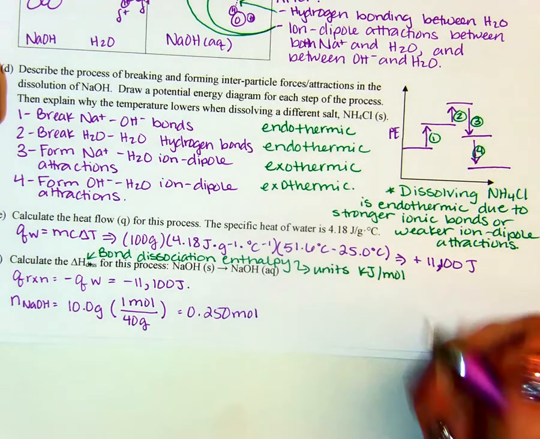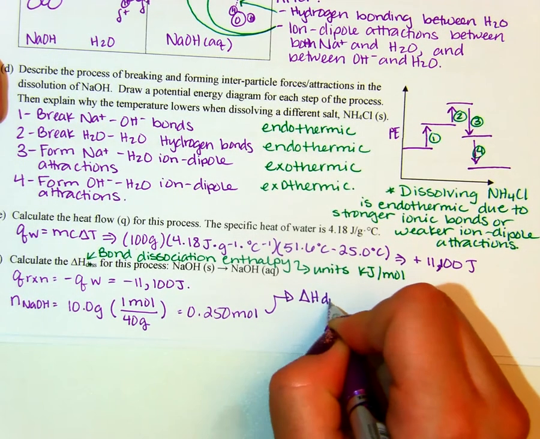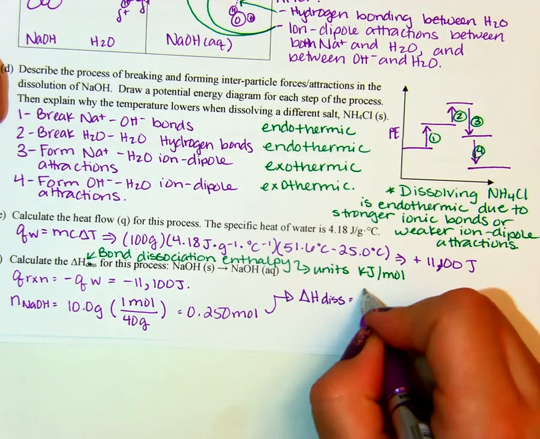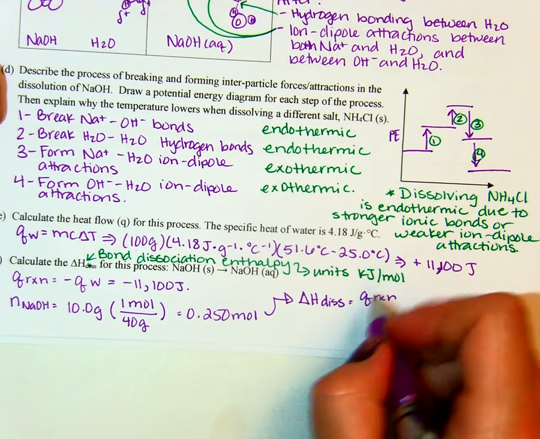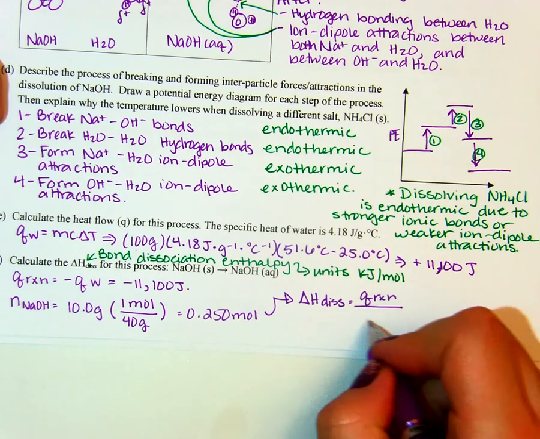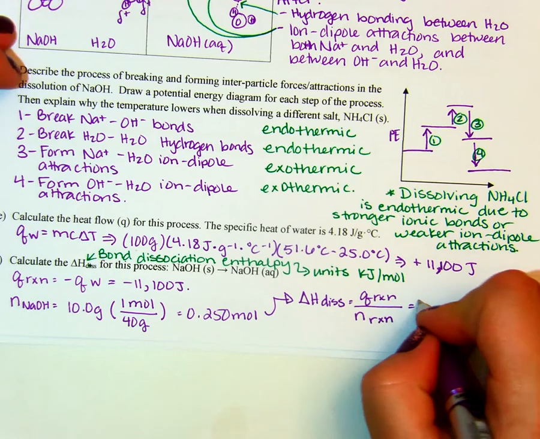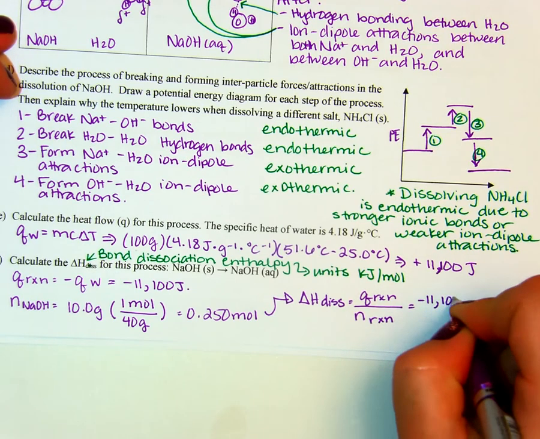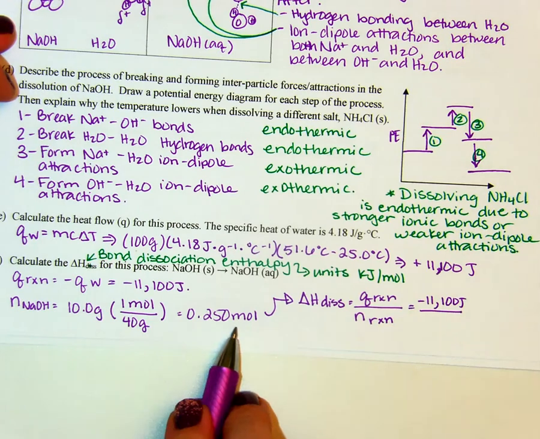Plugging all of that in, delta H dissociation equals the heat of the reaction in kilojoules, so that's the top, over moles, the number of moles, n, in the reaction. And that number is negative 11,100 joules per 0.250 moles.